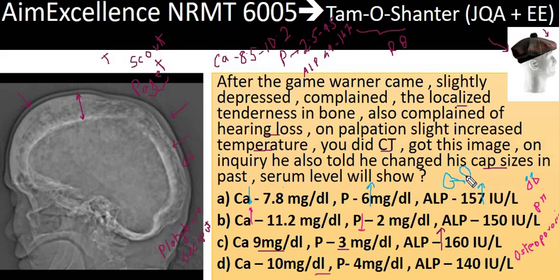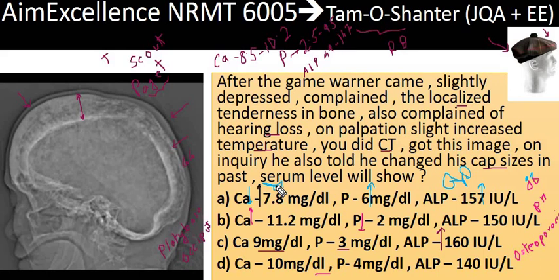The difference between this and tertiary hyperparathyroidism is that calcium is also going to be increased. We have to remember, in tertiary hyperparathyroidism calcium also goes up, and there we might need to do surgery to remove the enlarged parathyroid.